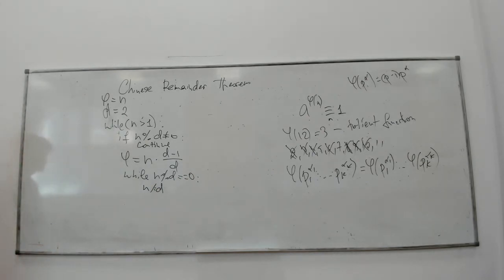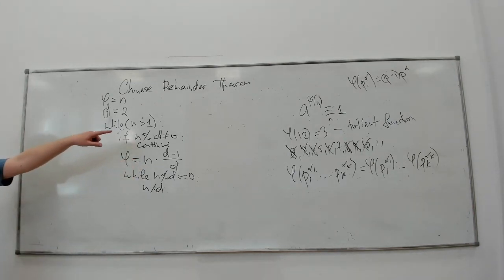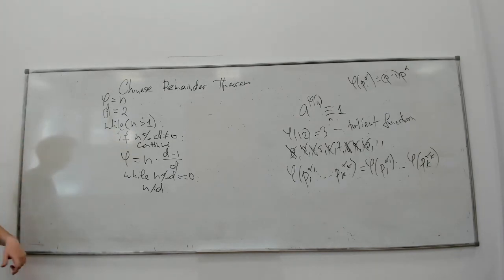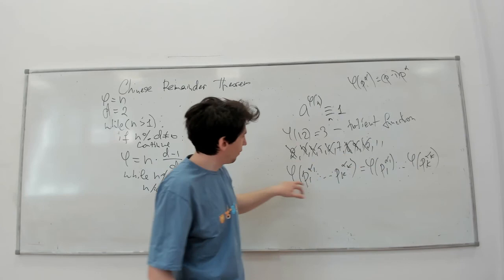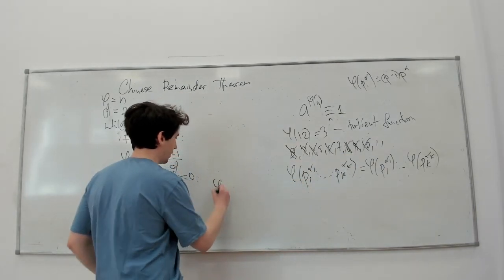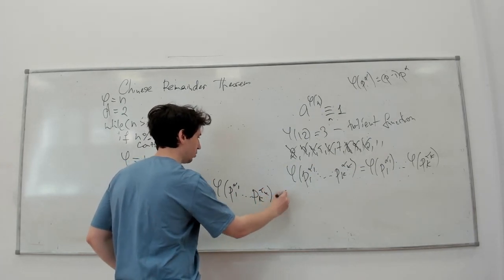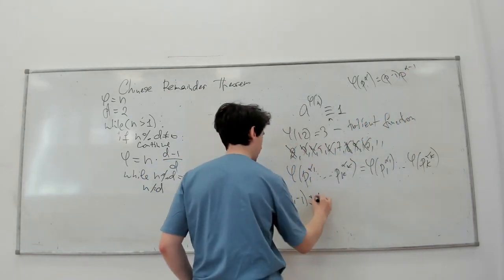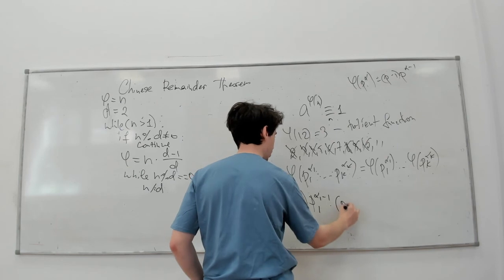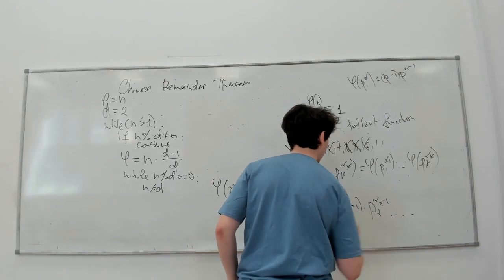Why does it work? We know that n is the multiplication of prime numbers, as we know from the fundamental arithmetic theorem. So phi of p1 to the alpha 1 up to pk to the alpha k is equal to p1 minus 1 times p1 to the alpha 1 minus 1, times p2 minus 1 times p2 to the power of alpha 2 minus 1, and so on.